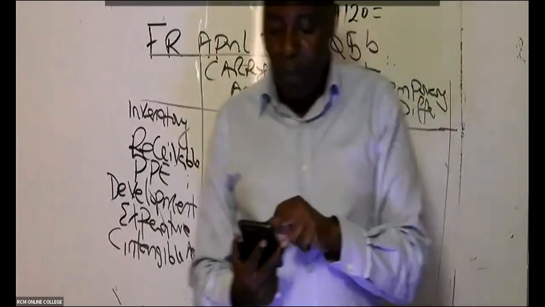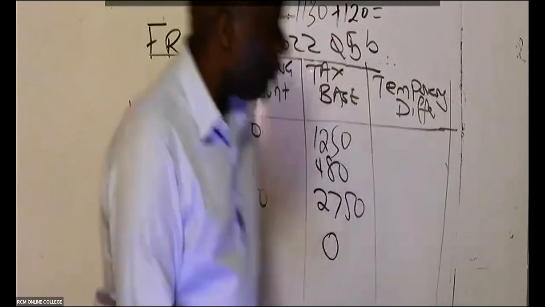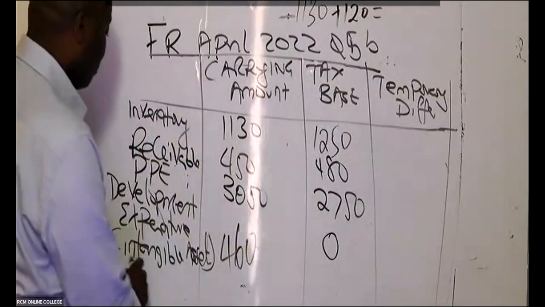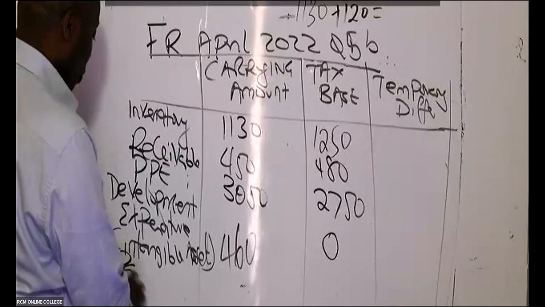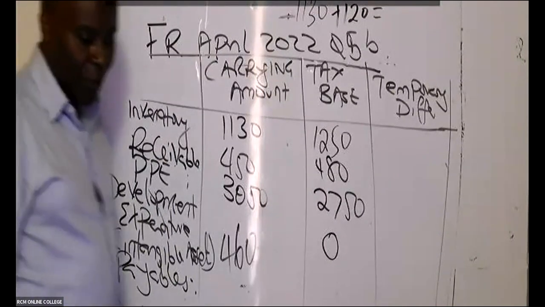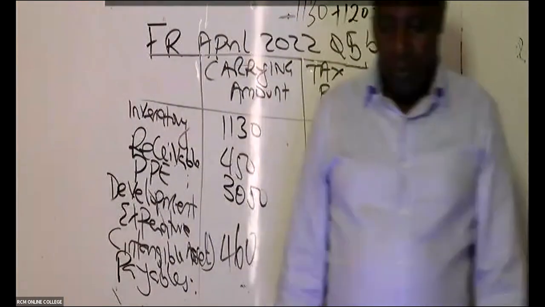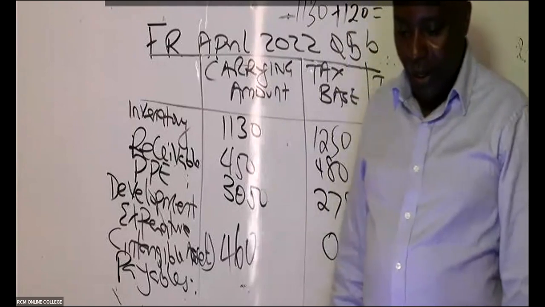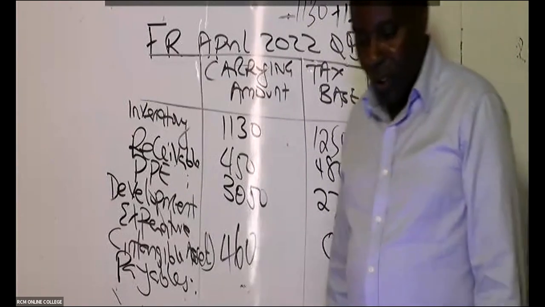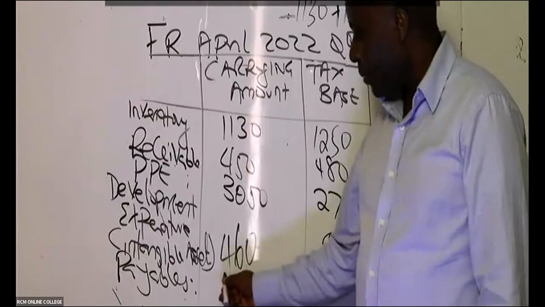So for these payables, is there anybody who is able to give me the carrying amount? In this case, we have 600. Carrying amount, 600.